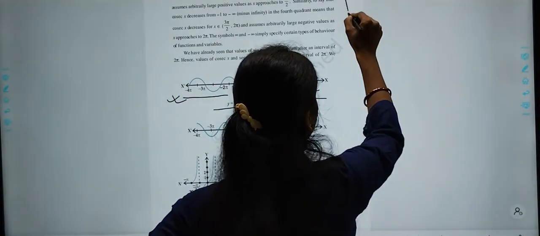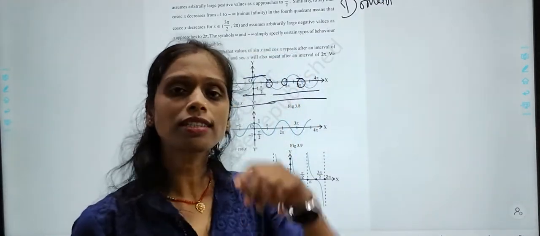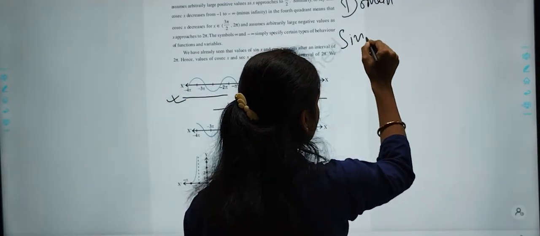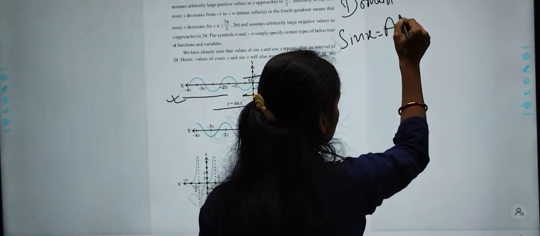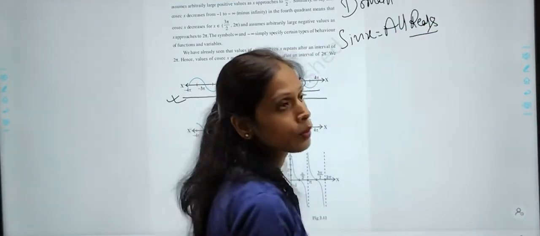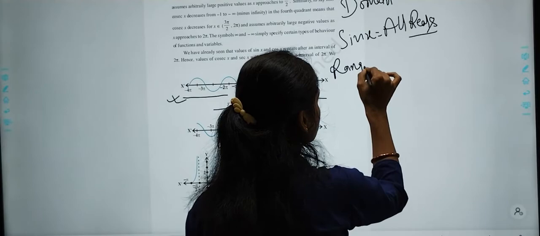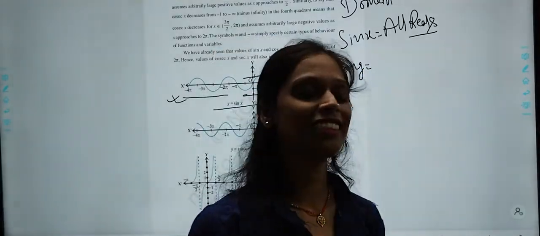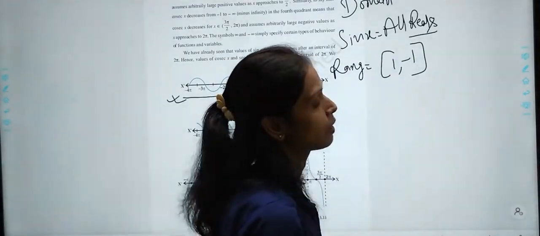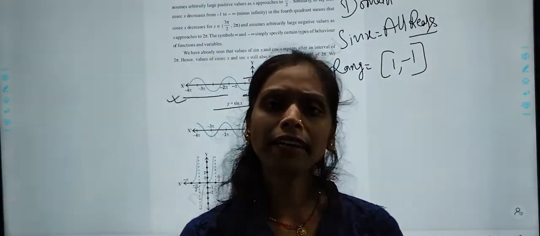Domain of sin x will be all reals, whereas the range is the closed interval from minus 1 to 1. This is the way to find out the domain and range.